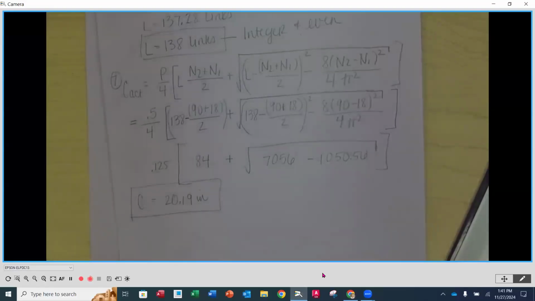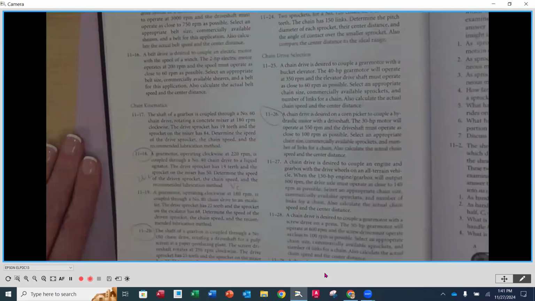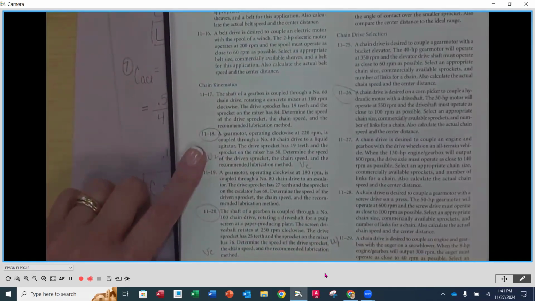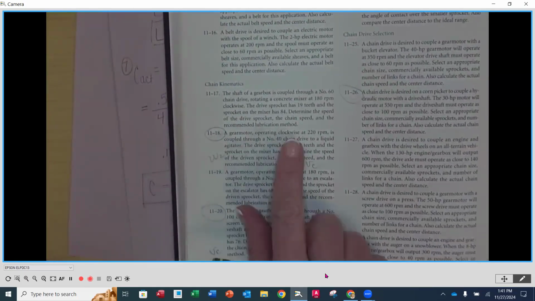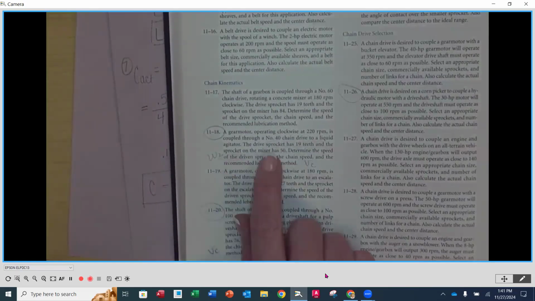So let's go underneath. And starting on page 314, I'm sorry, 1118 is in the first column here. And in this case, it says you have a gear motor operating clockwise at 220 RPMs, coupled through a number 40 chain to a liquid agitator.